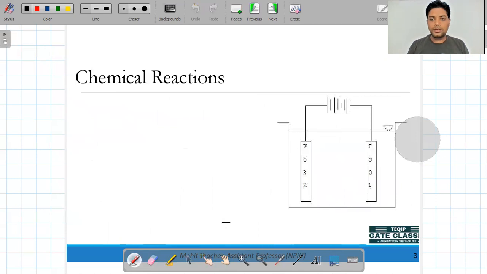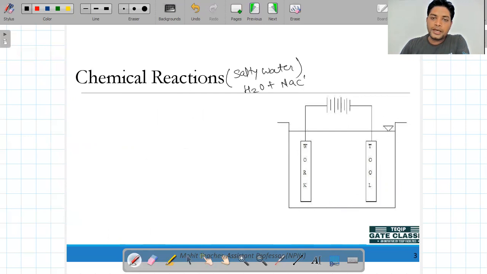Next, what is happening when we are using salty water? Salty water means H2O is there, but NaCl will also be there. Once the potential difference is created, this is the anode, that is positive, and the cathode, that is negative.